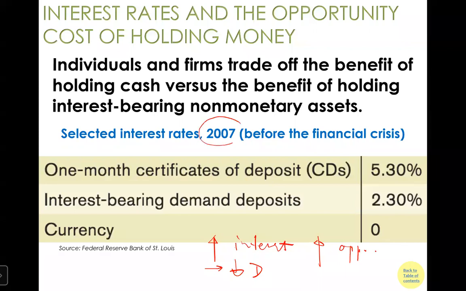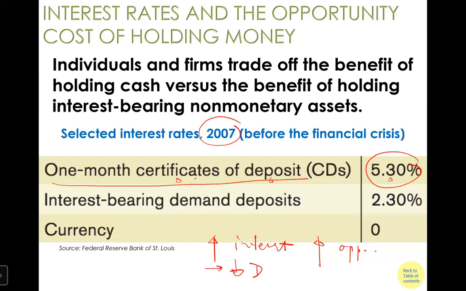In 2007, the interest rate for a 1-month CD, where CD stands for certificates of deposit, meaning you just put your money in the bank for 1 month, a fixed term where you cannot withdraw earlier, was 5.3%.